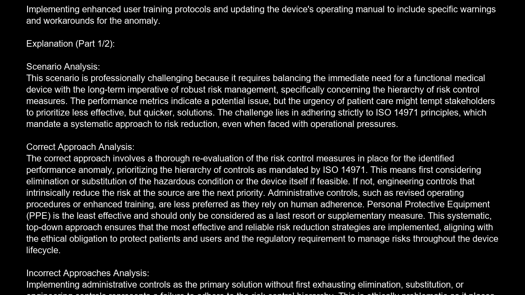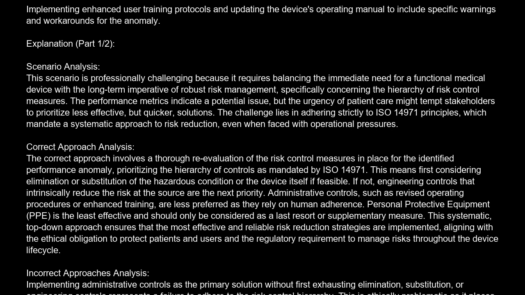Correct approach analysis. The correct approach involves a thorough reevaluation of the risk control measures in place for the identified performance anomaly, prioritizing the hierarchy of controls as mandated by ISO 14971. This means first considering elimination or substitution of the hazardous condition or the device itself if feasible.